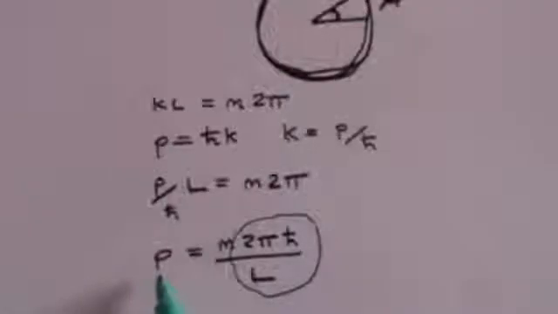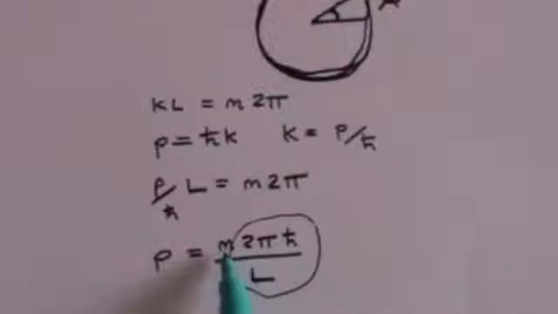And this is momentum. What this shows you, and this is where quantum mechanics is born, is that the values of p have to be integral values of this amount. The momentum of the electron cannot just be any old amount, it has to be integral values of this term here.